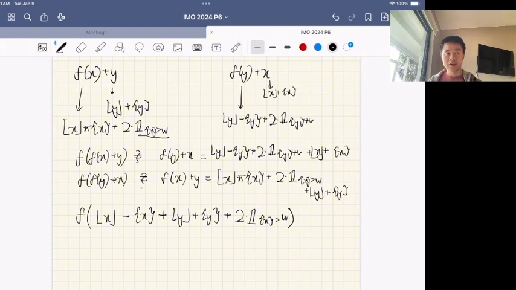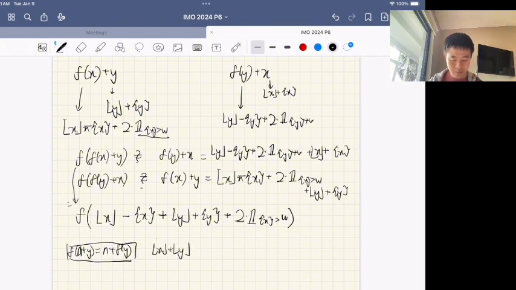Okay, now we can all agree, first of all, that if f of x plus y equals f of x plus f of y, this one holds true. We can all agree on that. So what we can do now is to move these things over. So we just have something like this, and then we want to see whether this is the same as this guy.